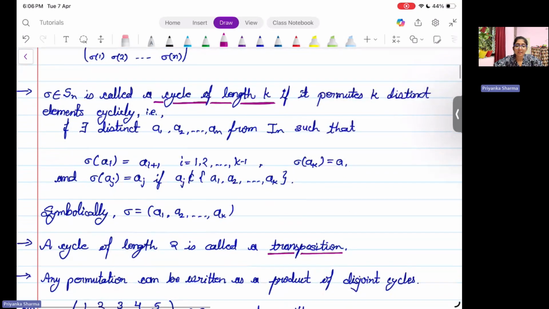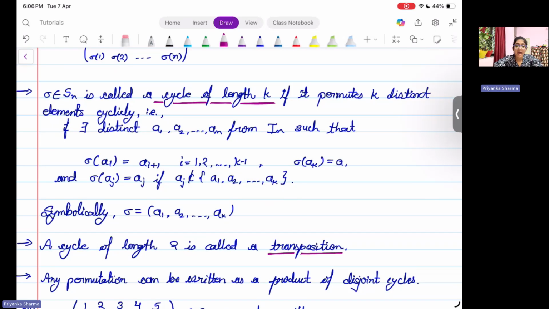Now for a given permutation sigma belonging to Sn, what is a cycle of length k? Sigma in Sn is called a cycle of length k if it permutes k distinct elements cyclically.